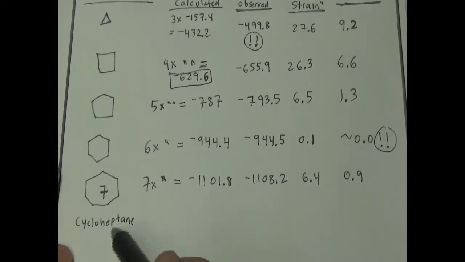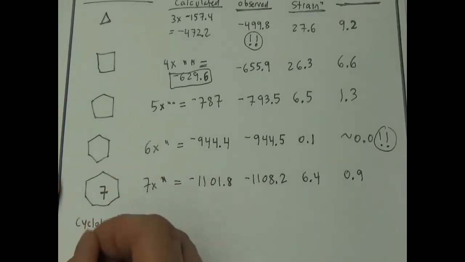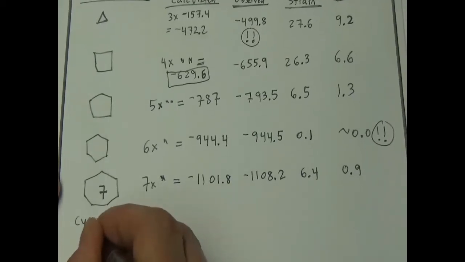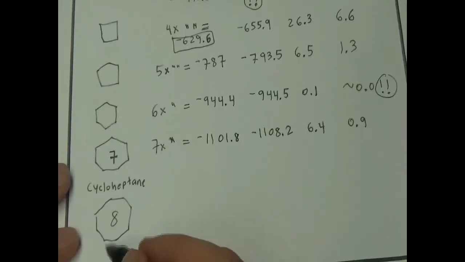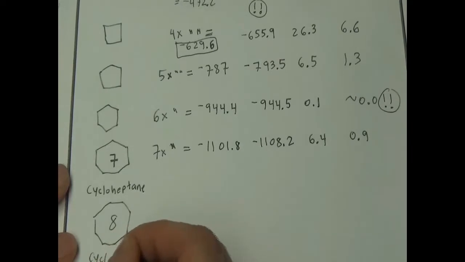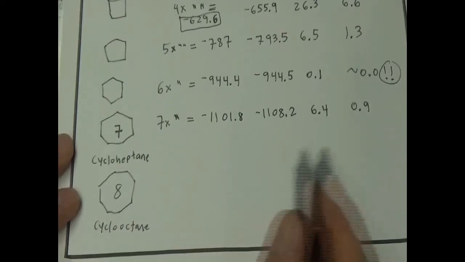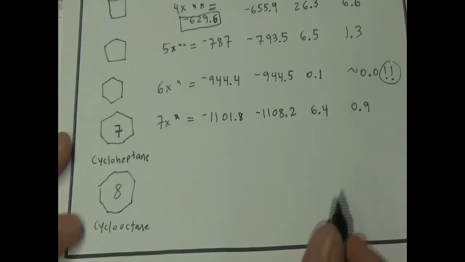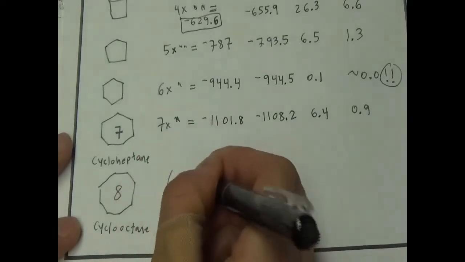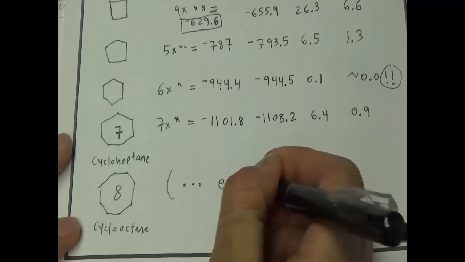Also, if you do 8, that's cyclooctane, and as you go further down, you get additional strain. I'm not going to do that calculation, I'm just going to say etc.